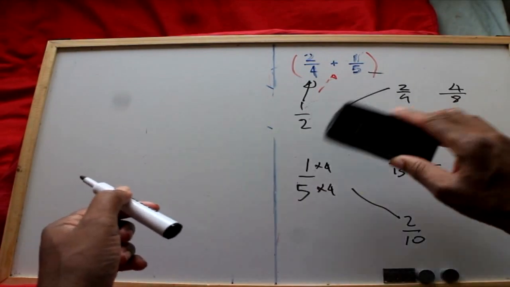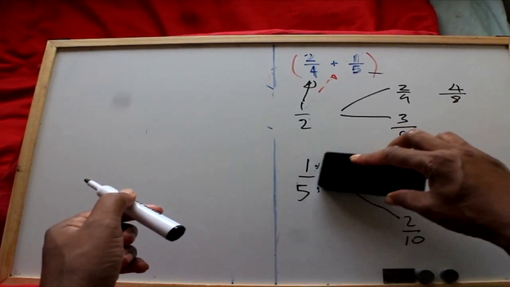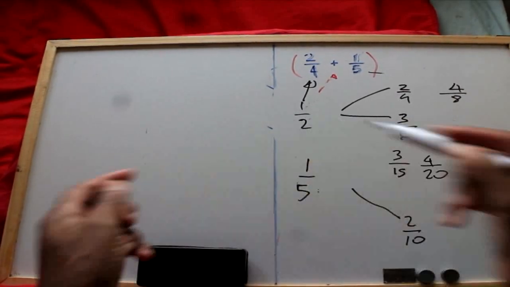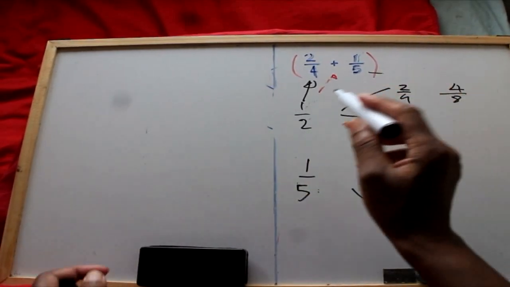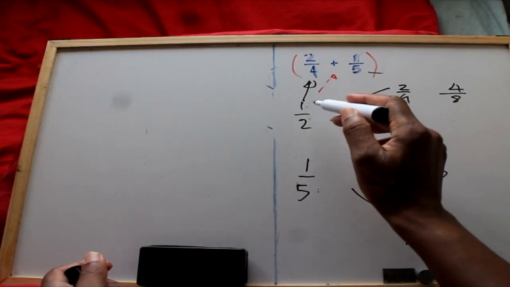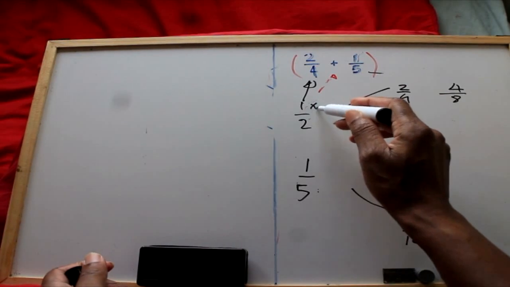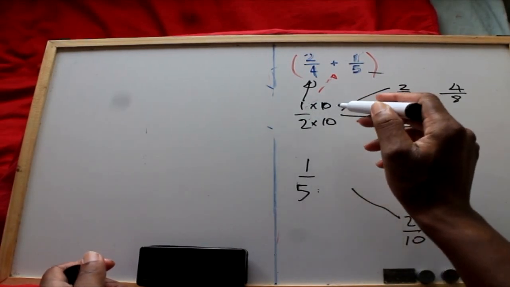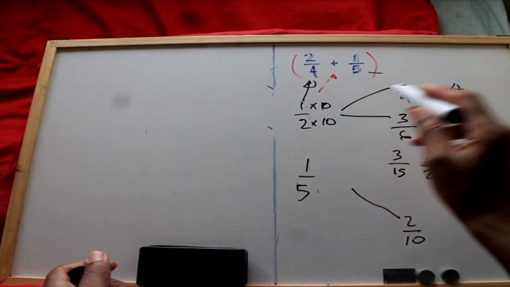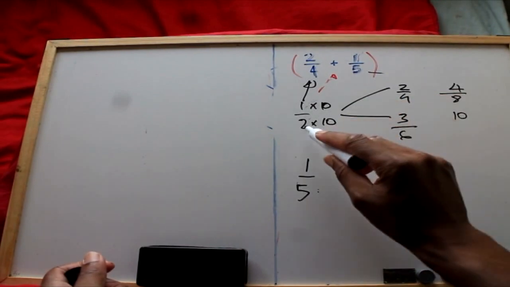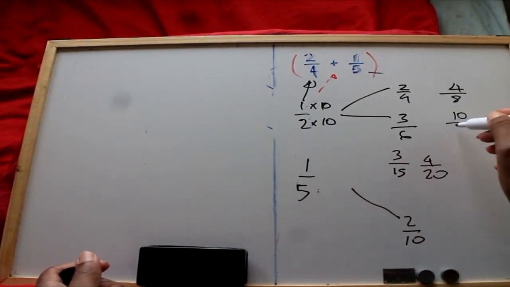Now I'm going to do something which may seem unusual at the moment, but keep following me and you'll understand why. What will happen if we multiplied 1 over 2 by 10, numerator and denominator? Well, 1 times 10 is 10, and 2 times 10 is 20.